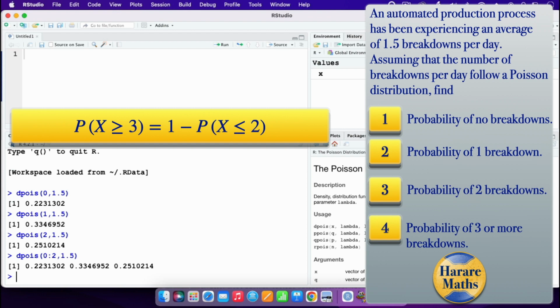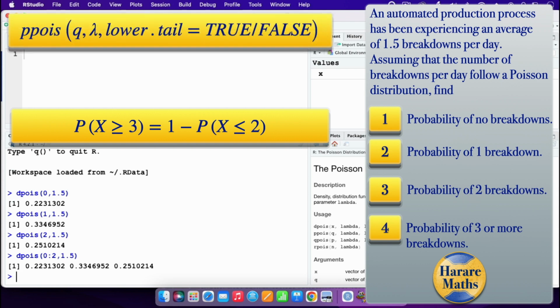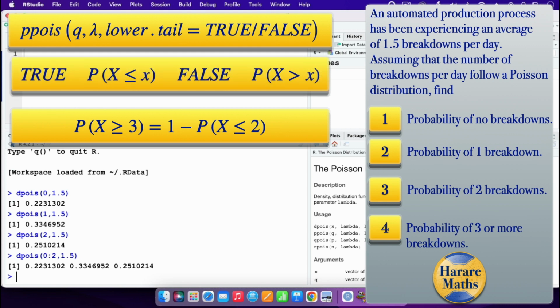Or the other option is to use the Poisson distribution function, the cumulative one, pPois. So the command for that one is pPois q, specify the parameter lambda, then lower tail true or false. And if it is true, we'll be calculating the probability that x is less than or equal to x. If false, we'll be calculating the probability that x is greater than x.